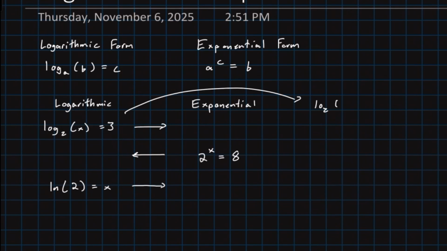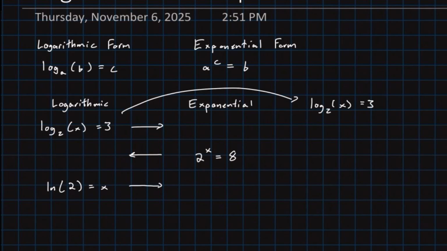Log base 2 of x equals 3. So we're going to identify that our 2 is the a, the x is the b value, and the c value is 3.